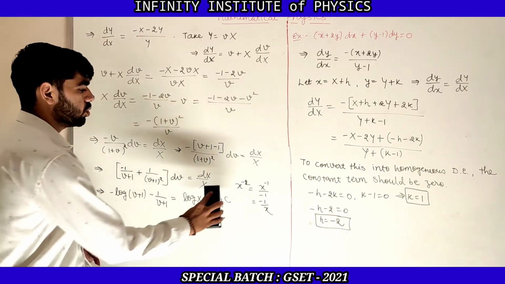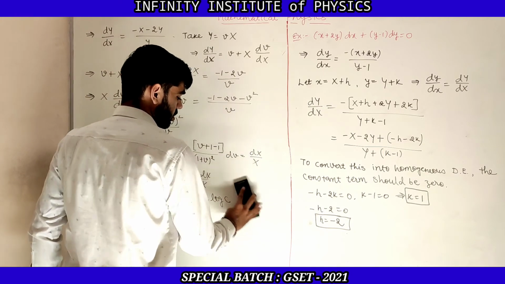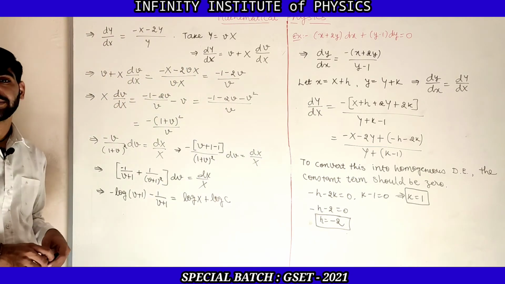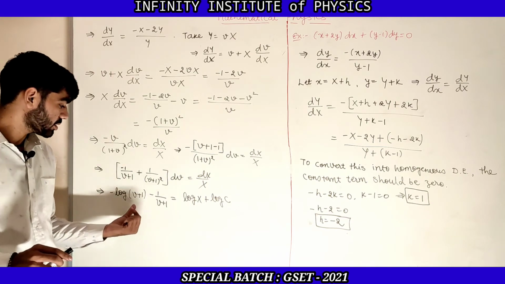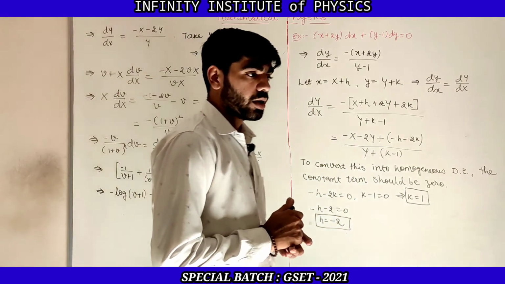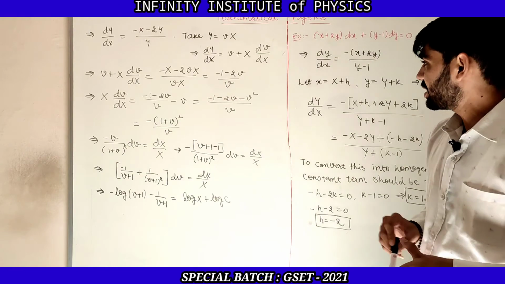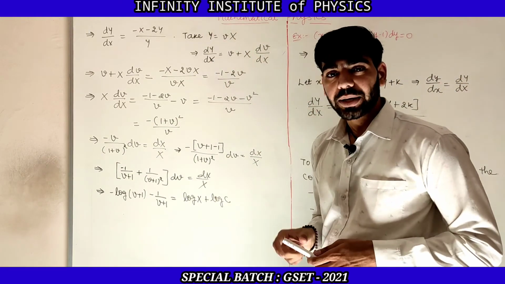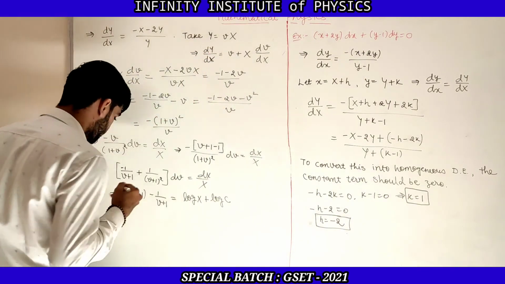Clear? So now this is the solution that we get in terms of v and x. But what is v? V is nothing but capital Y by capital X. So now let us write that term.